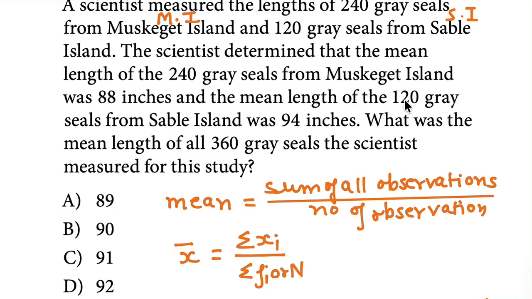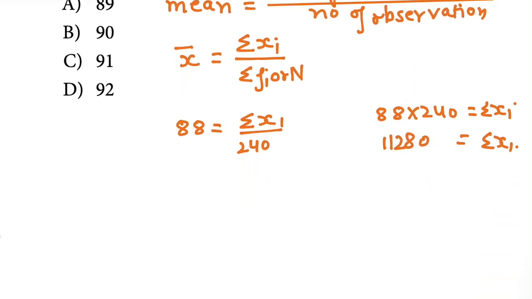21120. Okay. Now for the other, S Island, it is 94 inches for 120 gray seals. Okay. So 94 is the mean, I think I have switched it. So this one is basically 21120 and the other one is 94. Now these are another one. So let's say it's yi and these are for 120, right?